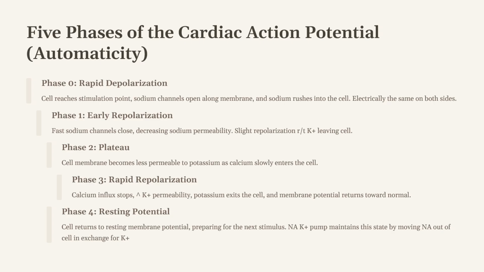The only thing that you need to understand is it is about to get a little bit confusing, because we're going to talk about different classes of antiarrhythmics, and the classes are going to affect different phases of this. Okay? That's really all that you need to know. If you care to know more, feel free, but the different classes are affecting different phases, which are affecting the action potential, which are affecting the conduction.